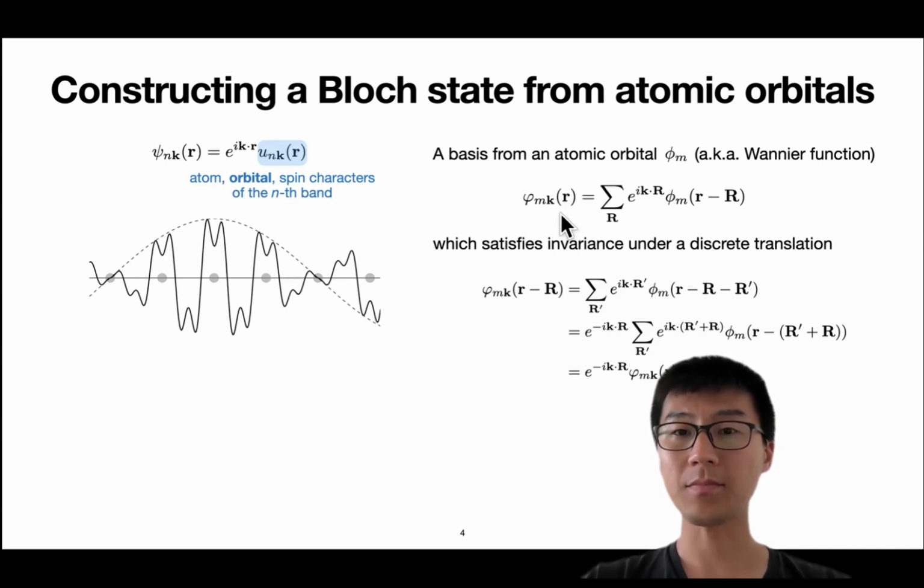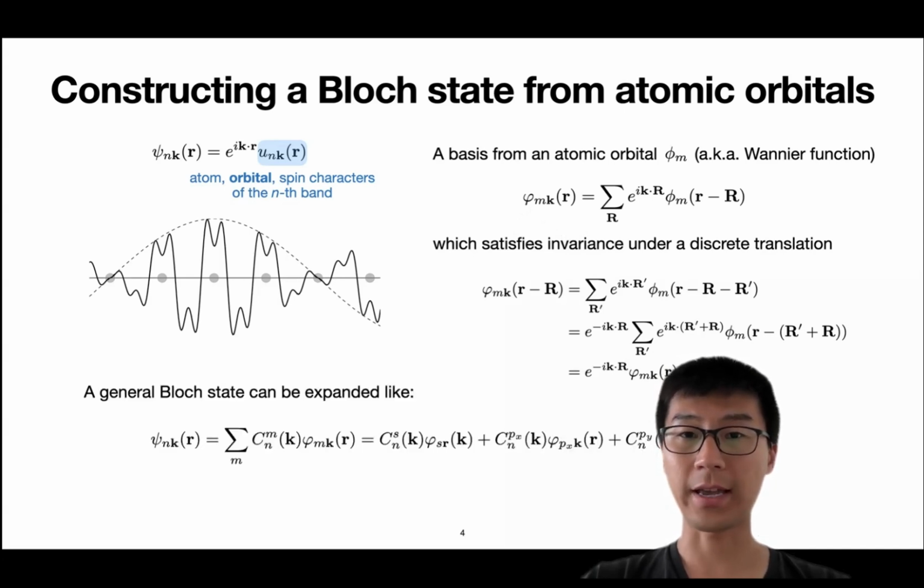So we can think of this phi_m as a basis state. Therefore, a general Bloch state can be expanded in terms of this phi_m. For example, phi_m can originate from s orbital, px, or py orbitals, and there can be different coefficients on each. These coefficients generally depend on k.